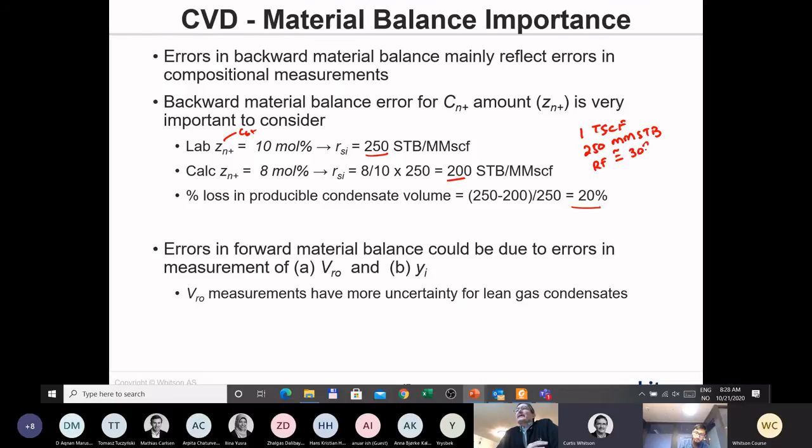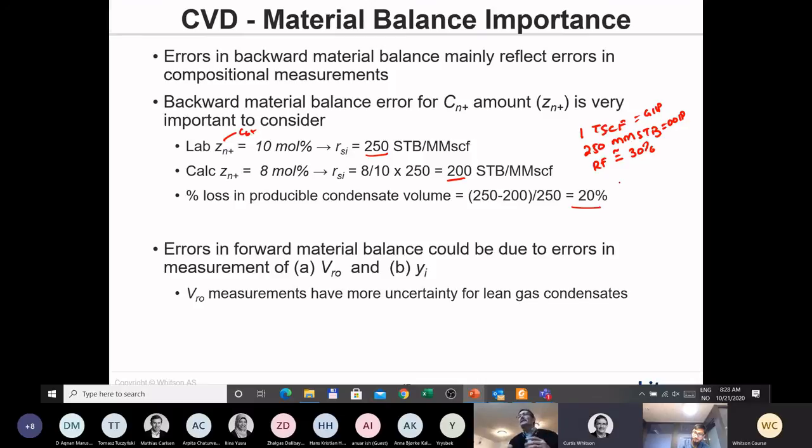And instead of having that 250 million stock tank barrels of initial condensate in place, the lab, through these procedural errors, has lost 50 million stock tank barrels in the laboratory experiment.